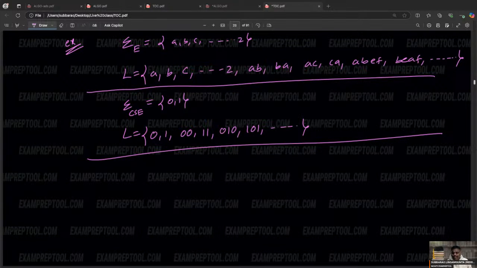Today's class highlight point is coming. It is very important for the whole TOC subject, based on that point only. Please type everyone.